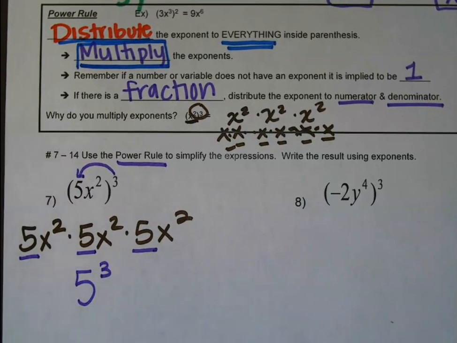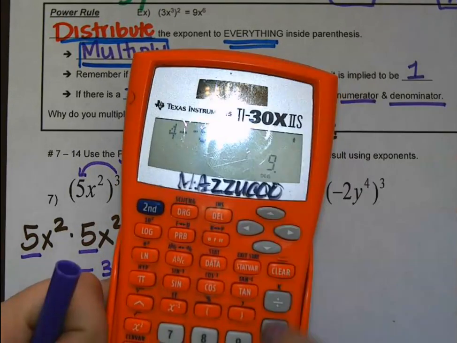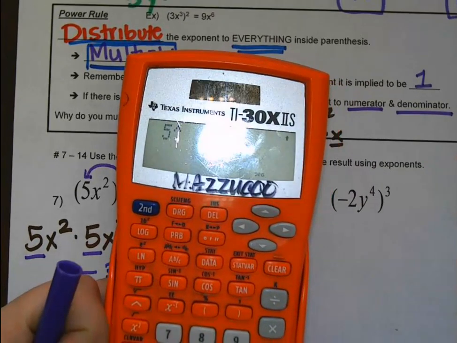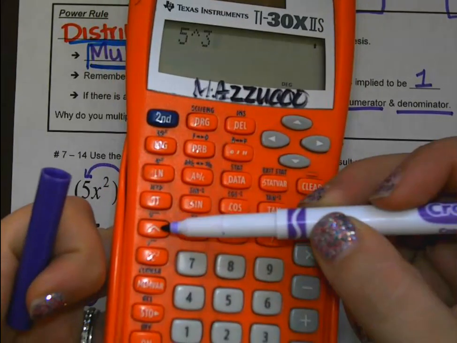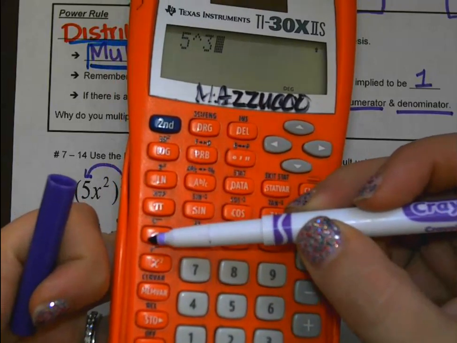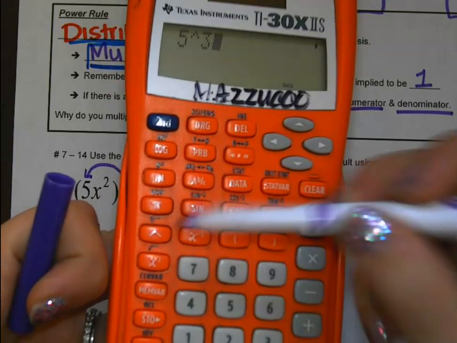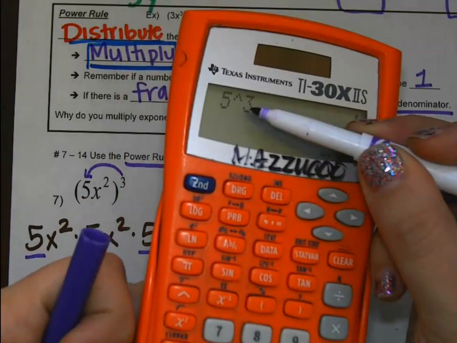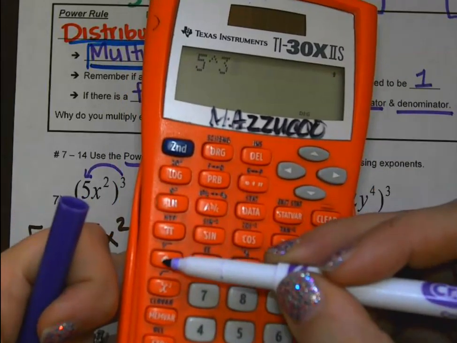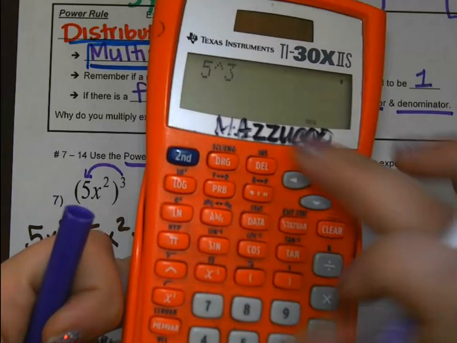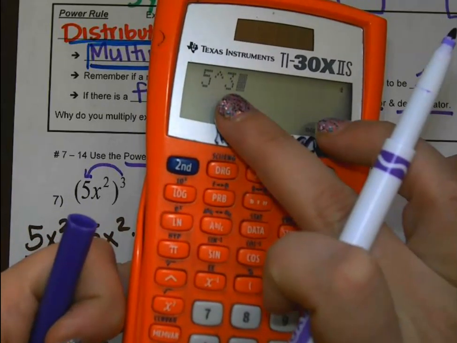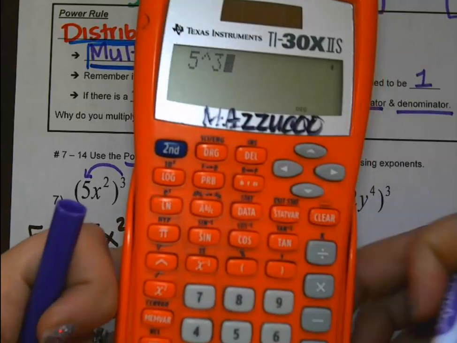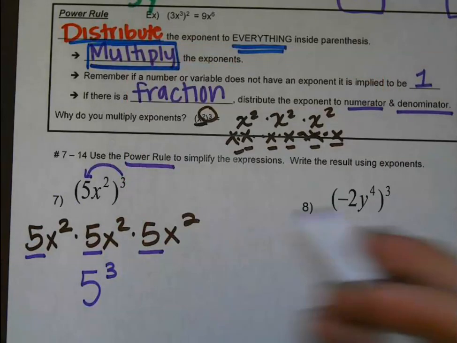We could grab our calculator and do 5 raised to the 3rd power. The exponent button on this calculator is this little key called a caret key right here. The x squared button means the exponent's a 2. Since it's more than 2, I need to use this button for an exponent. So that's how the calculator says 5 to the 3rd power, which is 125.